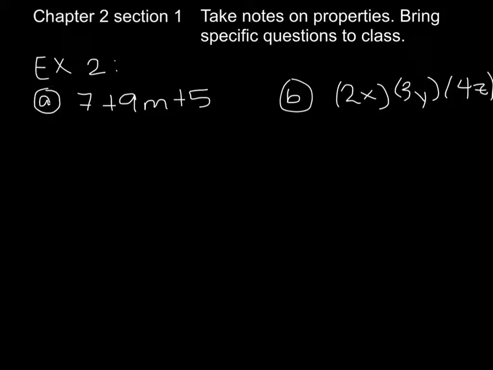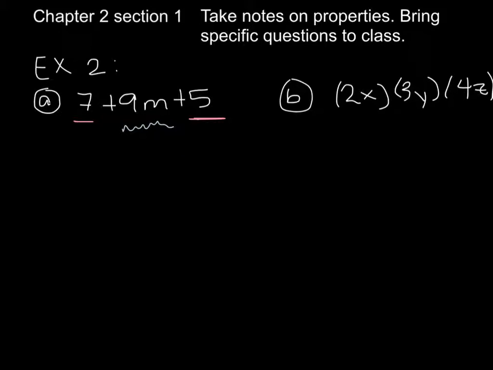Okay, now that you've written down your notes on properties, we're going to look here at these two problems. A couple of the key words that come up in this section are terms and factors. What we're looking at for part A is combining like terms. So in other words, we've got 7, which is just a number, 5, which is just a number, and then 9m has the m inside of it, right?